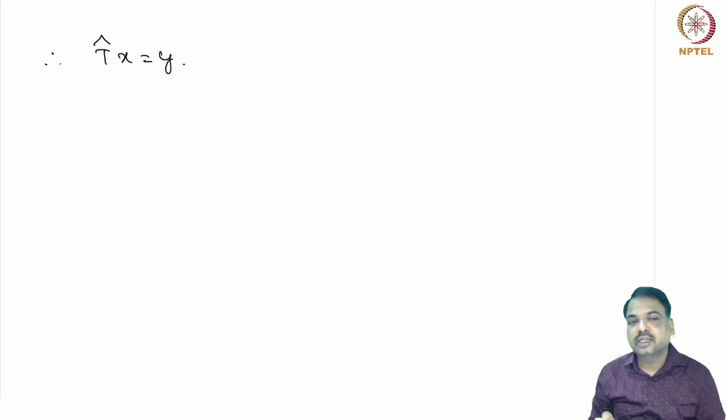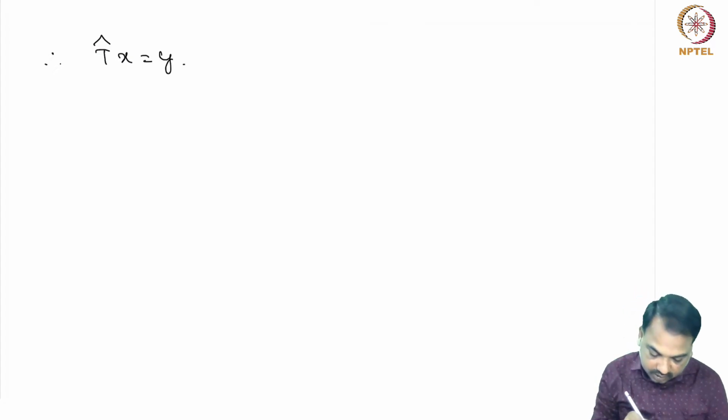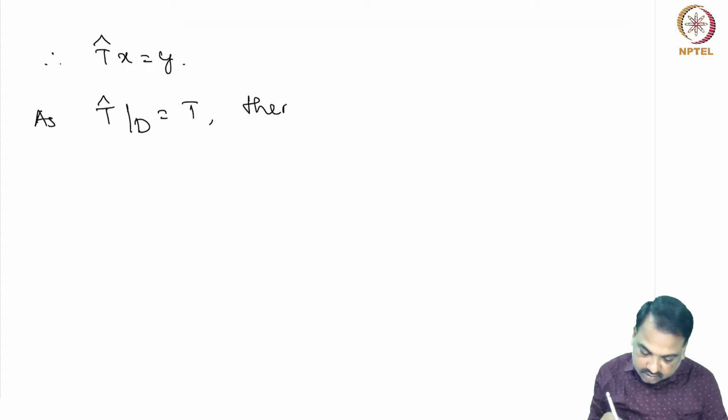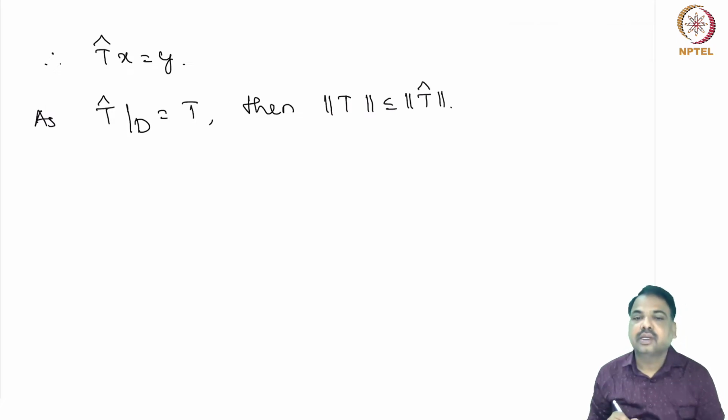Next we want to show that T hat is bounded and the norm of T equals the norm of T hat. As T hat restricted to D is T, by definition it is clear that the norm of T is anyway less than or equal to the norm of T hat, because T is the restriction of T hat.